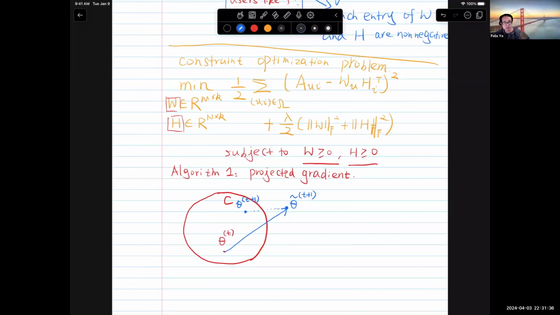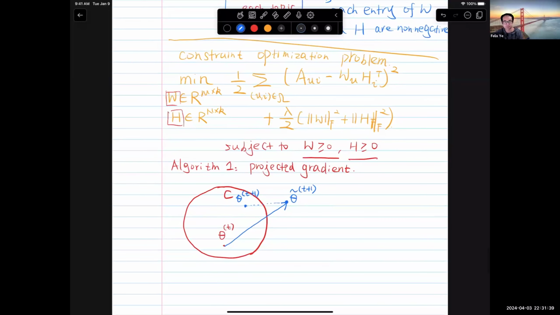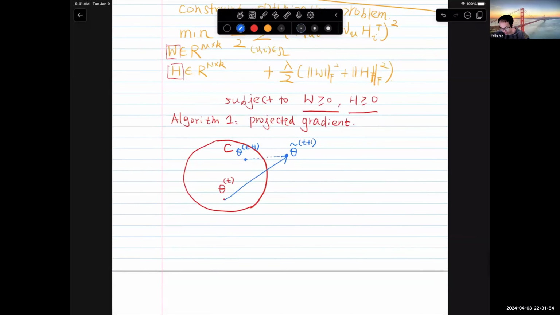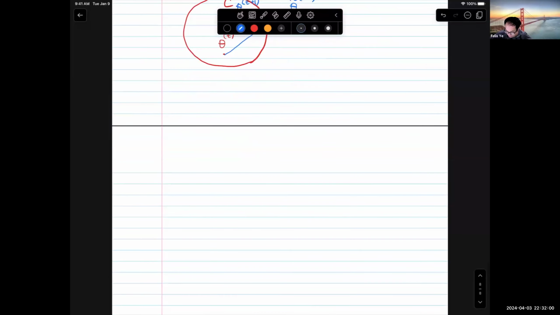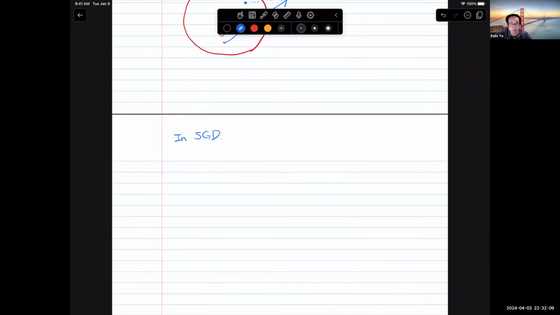To describe this in a way we can use, I'm going to use the framework of stochastic gradient descent, which is the much more popular one. I want to remind you of the previous method and compare the differences.